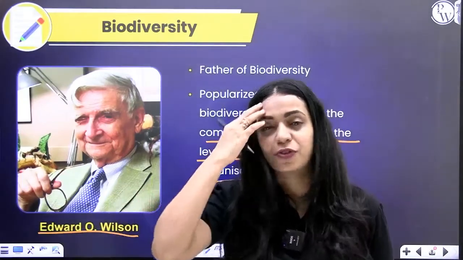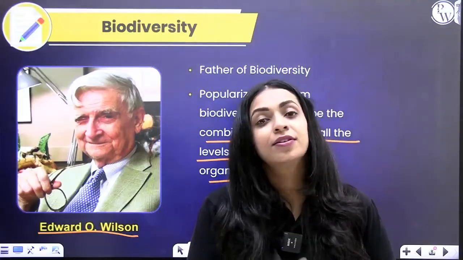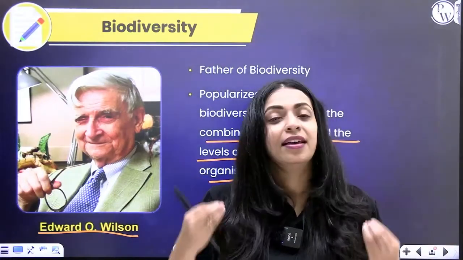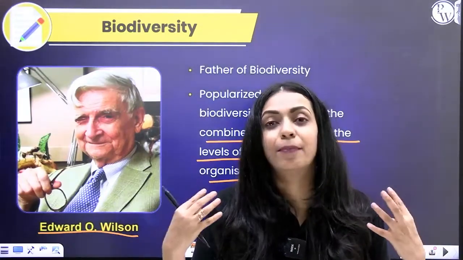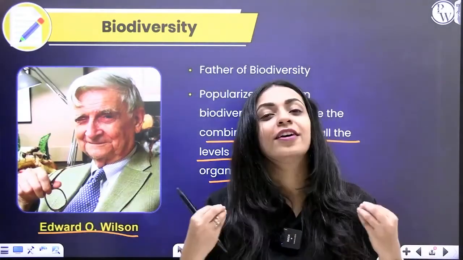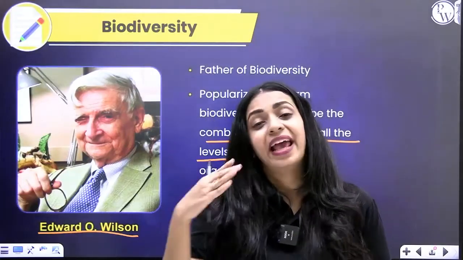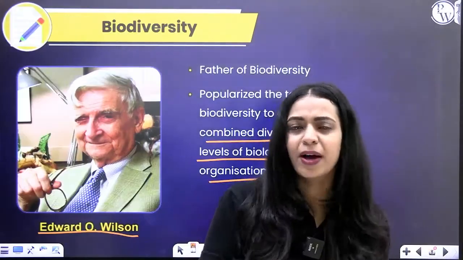These are the different levels of biological organization that we've studied about. So, in any of these levels, if you consider the diversity, the combined biodiversity that you get is what he referred to as biodiversity. Now, of course, at every level of biological organization, there exists some level of biodiversity.